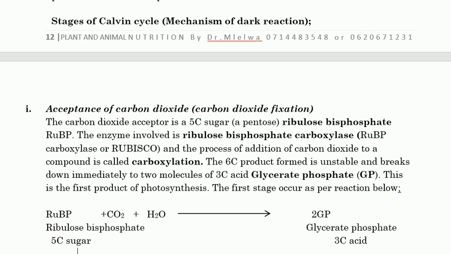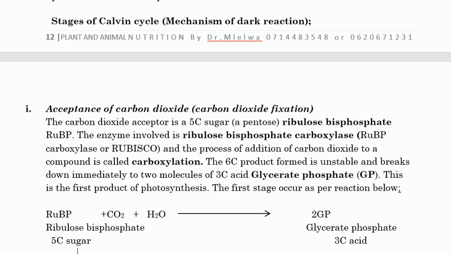It is shortly called RuBP carboxylase, or sometimes Rubisco. The process of addition of carbon dioxide to a compound is called carboxylation. So the enzyme catalyzing the process of carboxylation must have the name carboxylase, as we discussed in the topic of biochemistry. The 6-carbon product formed is unstable.